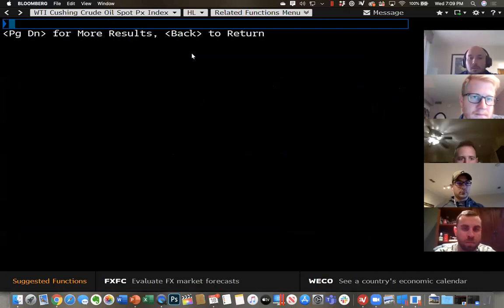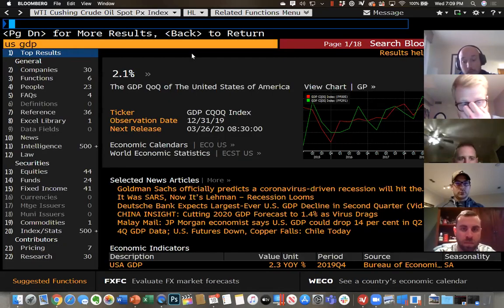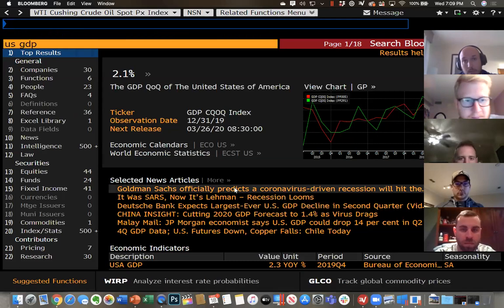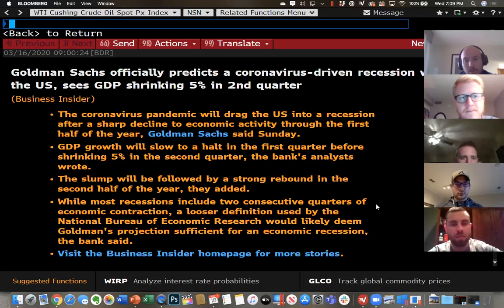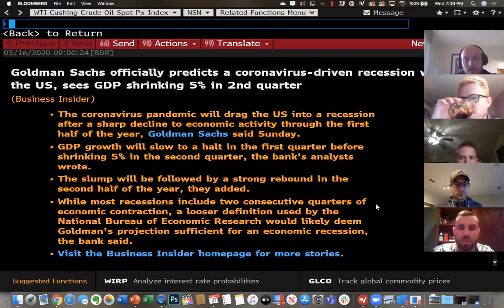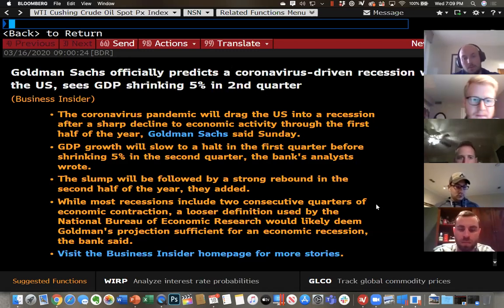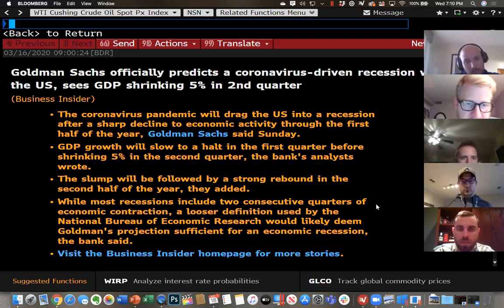Just to give you some supporting documentation, here's the data from Goldman Sachs that they've been circulating around Wall Street. Goldman is expecting first quarter GDP to shrink 5%, and then shrink 5% in the second quarter, and it could get even worse after that.